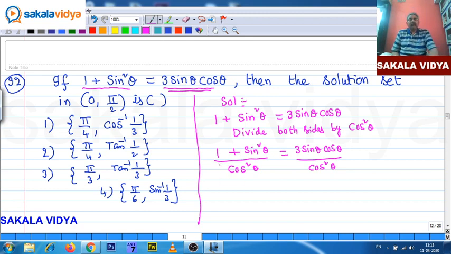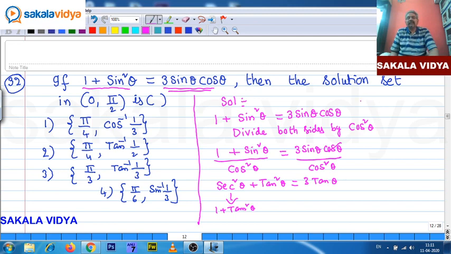Okay. Now 1 by cos square theta is equal to secant square theta, plus sin square theta by cos square theta is tan square theta. Here cos theta gets cancelled, 3 tan theta. So let us change secant square theta to 1 plus tan square theta.